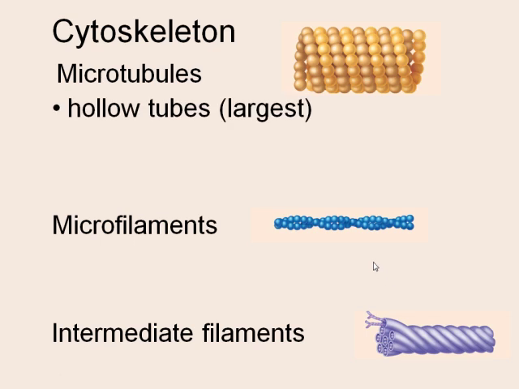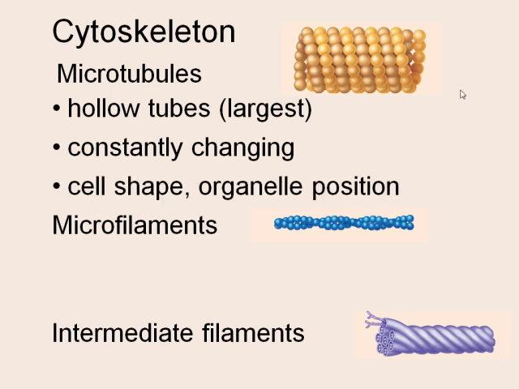Now the microtubules are hollow structures, like their name implies, and they're the largest of the three elements of the cytoskeleton. They're made of these little bead-like proteins, and they are constantly changing. You pull some beads off one end, you add them to the other end, you make it longer, you make it shorter.